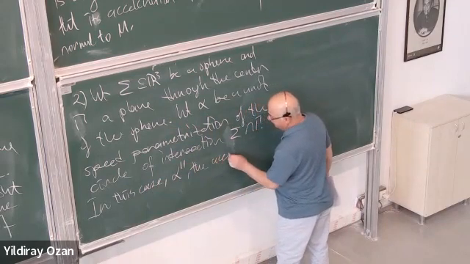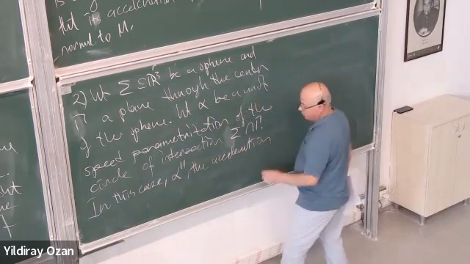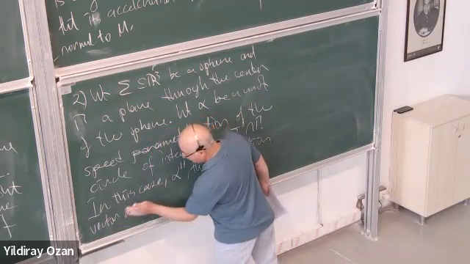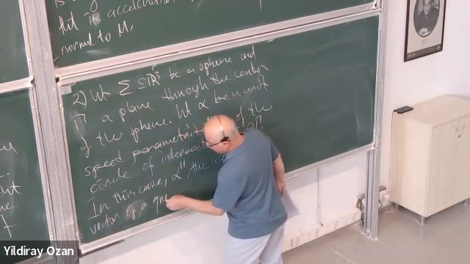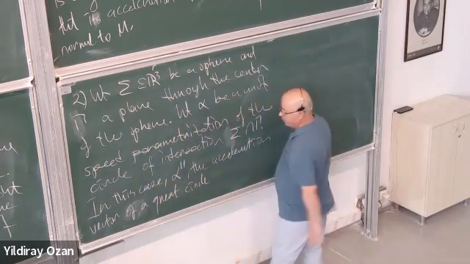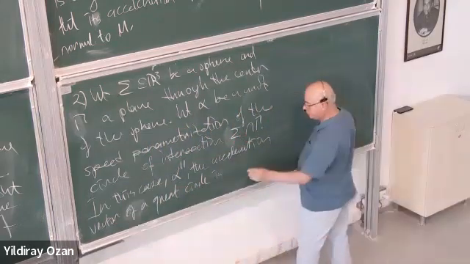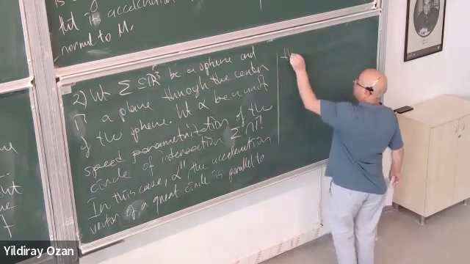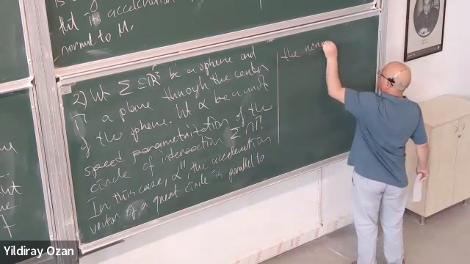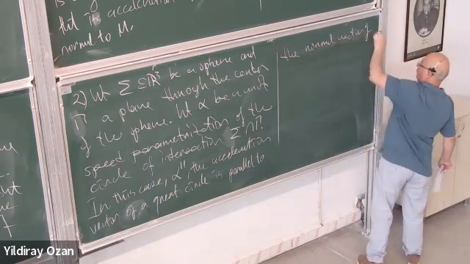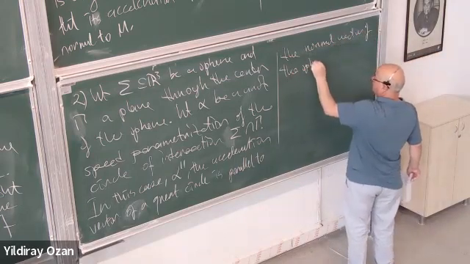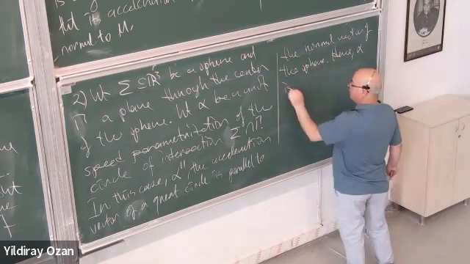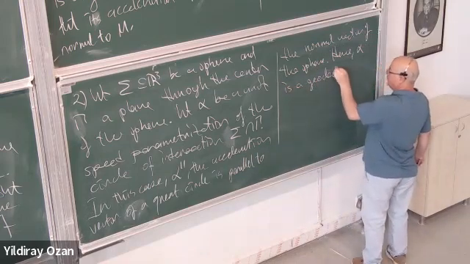The acceleration vector of a great circle is parallel to the normal vector of the sphere. Hence, alpha is a geodesic.